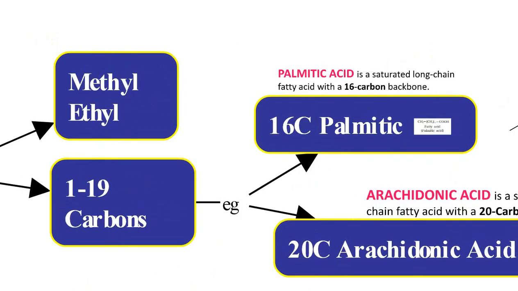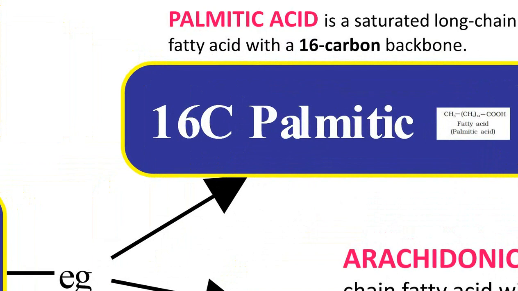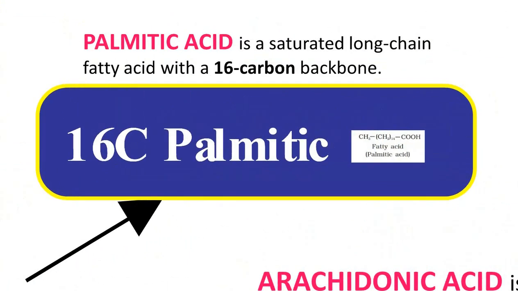The side chain may contain 1 to 19 carbons, even more than that. Consider a fatty acid which contains 16 carbons, including the carbon present in the functional group. If the fatty acid contains 16 carbons, then we call it palmitic acid.